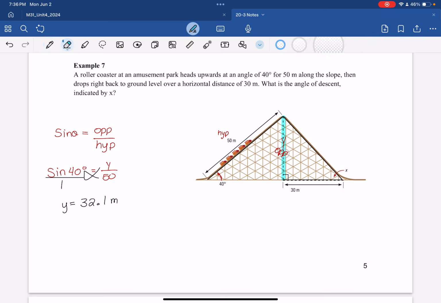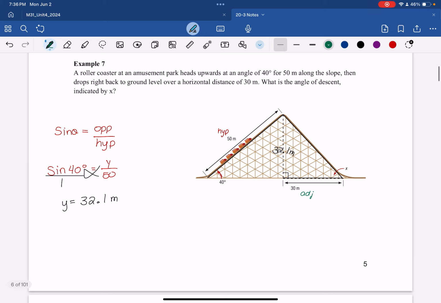Now, that's not my final answer. All that is that this is 32.1 meters. So in order to get this angle, I am going to have to figure that out. So I'm given this 30 meters, which is my adjacent, and this 32.1, which is going to be my opposite in this triangle. So opposite and adjacent, I'm going to use tan.